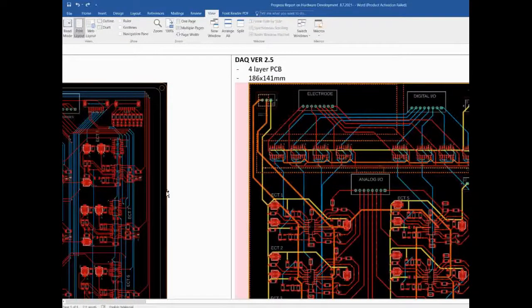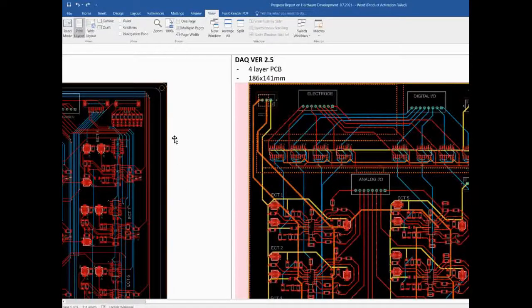So in the final version of my PCB design, I separated the analog circuits and digital circuits. I separated them into different areas. What I did is I split the ground, one ground for analog and one ground for digital.